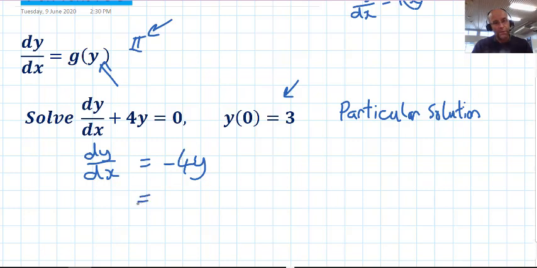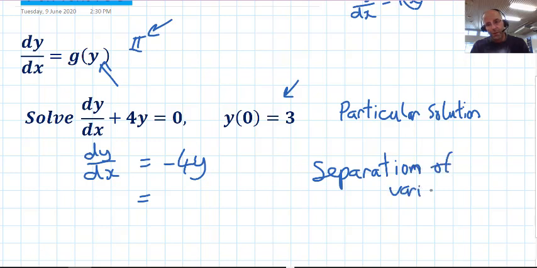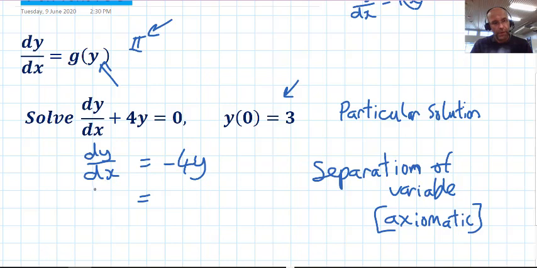So this is where we have this separation of variables. We can't use our regular approach. So the separation of variables, and that's essentially axiomatic, okay? We're not going to get into the proof end of things, or the philosophy, but basically it means we can separate dy/dx, so the differentials can be separated and pasted on the other side of the equal sign to each other.